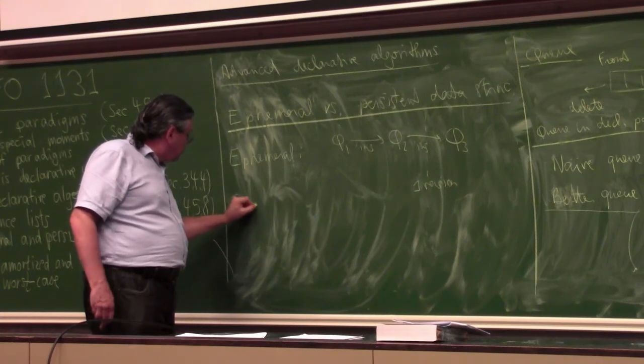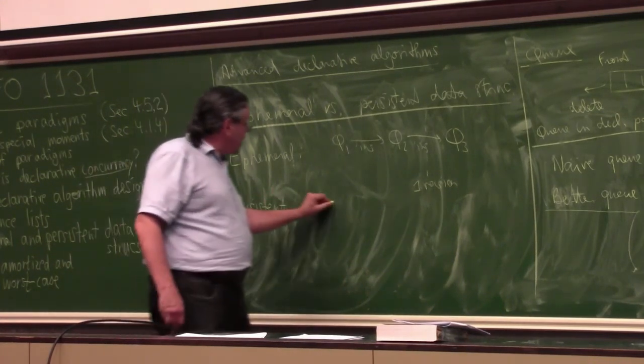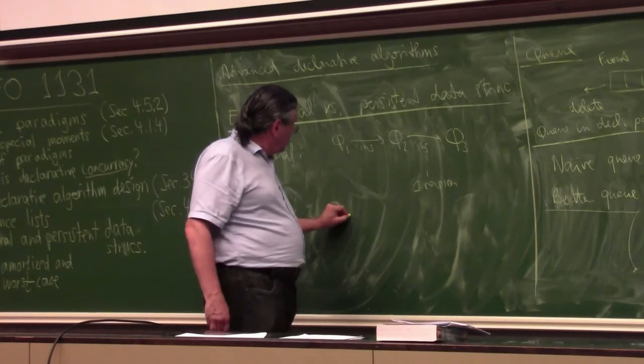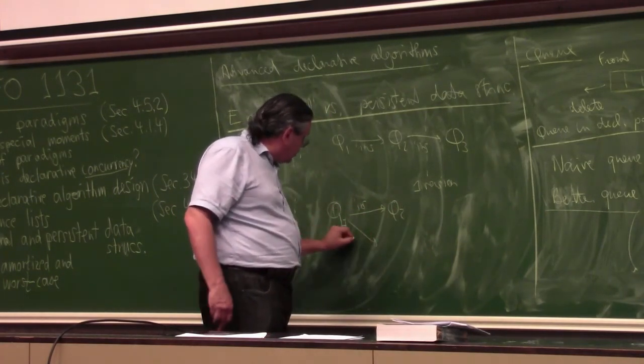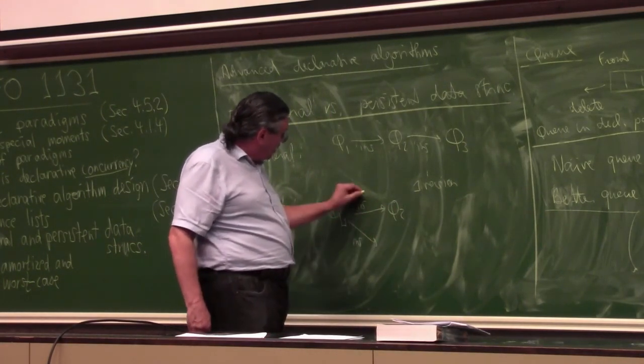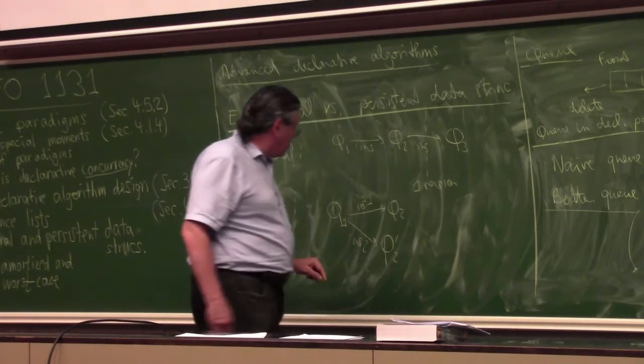Persistent actually goes beyond that. It's a very interesting property. If I take Q1 and I do an insert, I get Q2. But if I take Q1 and I do another, different insert, like here I insert 1, here I insert 2, I get Q2 prime.